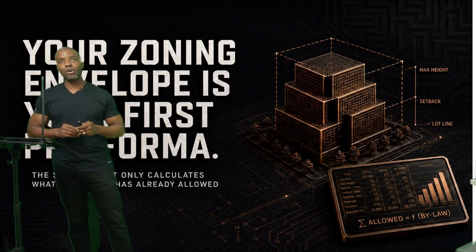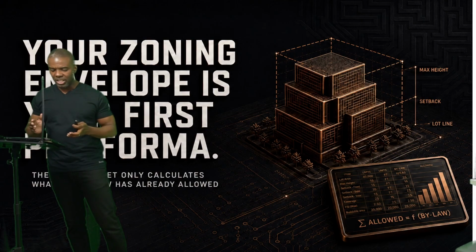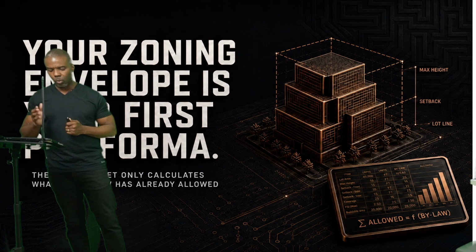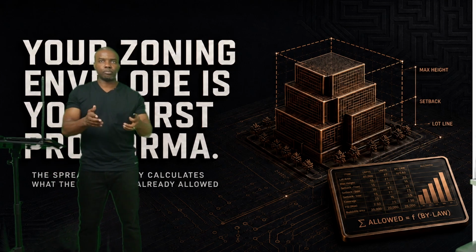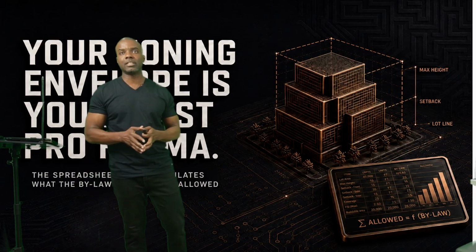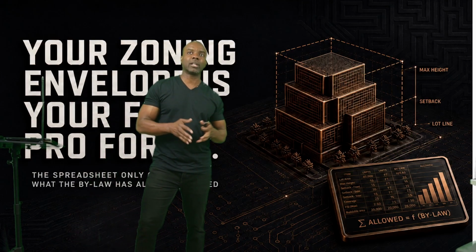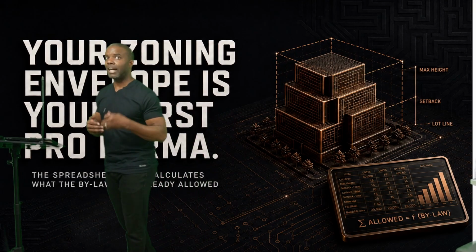And we'll talk more about that specifically, how I find that to impact the entire process. Because the spreadsheet only calculates what the bylaw is already allowing. You know, you're not going to purchase a piece of land that could, let's say, for example, be severed into 2 parcels, but run numbers for 3 parcels. It doesn't make sense, and that risk obviously has to be factored in.